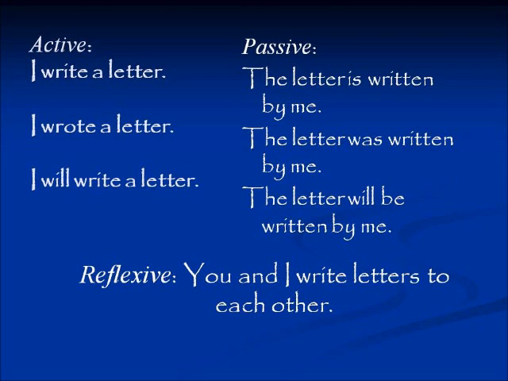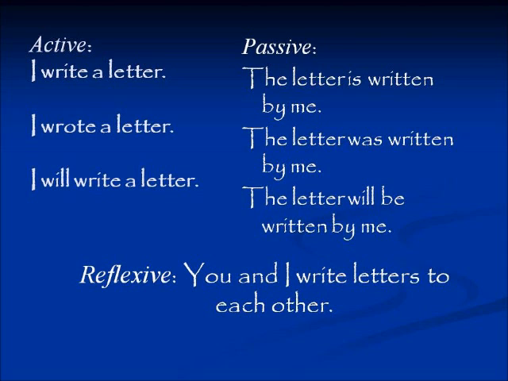So in the active voice of the verb, that means that the subject of the sentence, I, is doing the action, writing the letter. I write a letter. In the passive form, the subject of the sentence, the letter, is not doing anything. It is receiving the action of the verb. The letter is written by me.